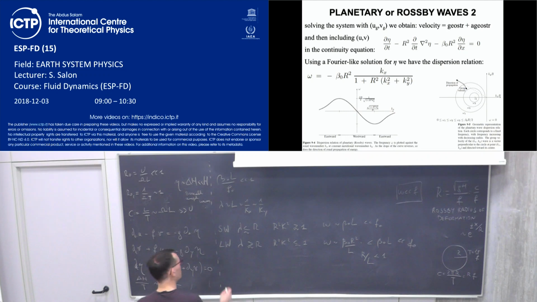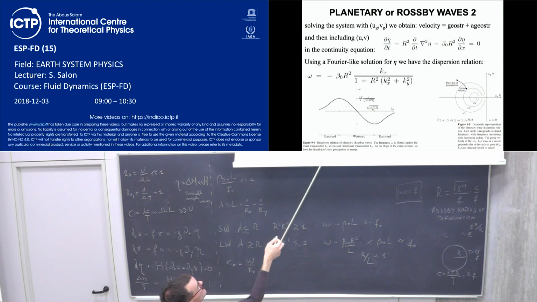Let's look a little bit more at the dispersion relation. If we look for the phase velocity in the x component, this will be omega over kx, and omega over kx is minus beta 0 r squared over this. Okay, and all these terms are by definition positive.